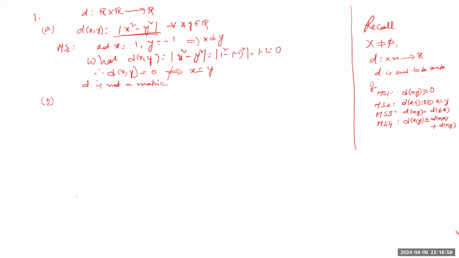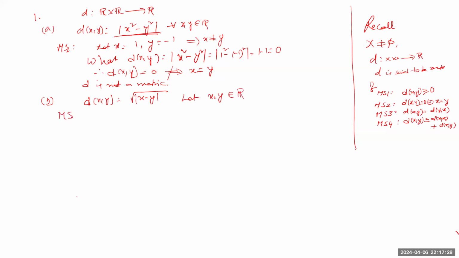What is the second one? The second one is d(x, y) equals the square root of the modulus of x minus y. What about this one? We will verify the conditions one by one. Let us take x, y belonging to the reals.